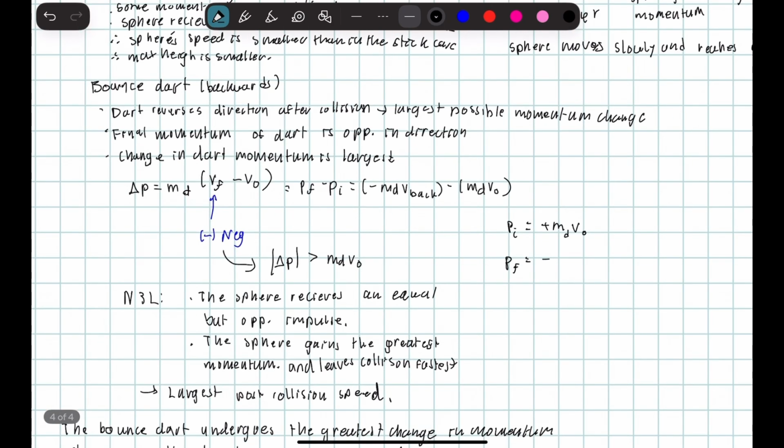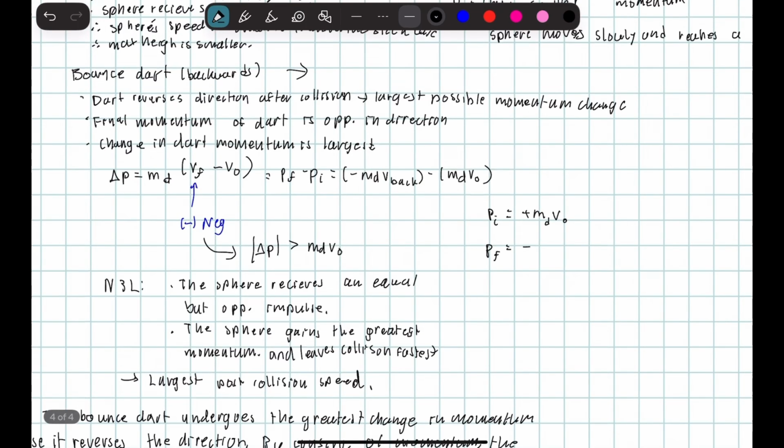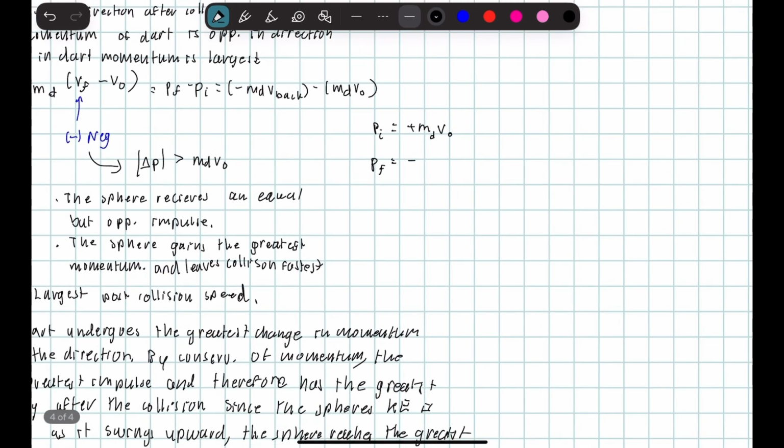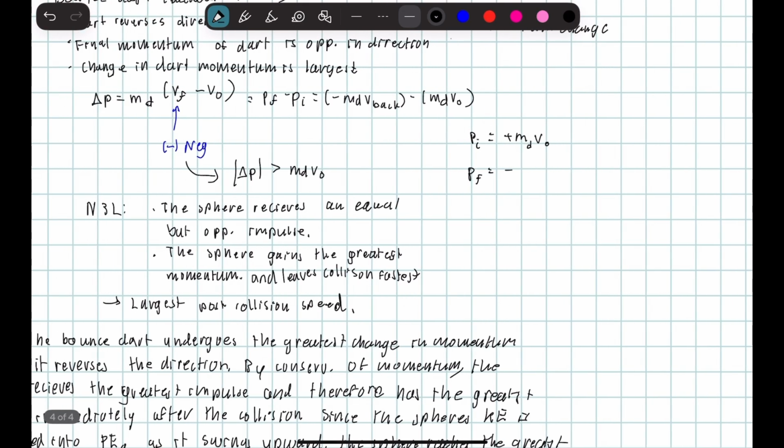And then for the bounce dart, what happens is it comes in moving right, hits the sphere, and the dart bounces back to the left. So the initial momentum again is m_d v initial, and the final is negative. The change in momentum is delta P equals m_d (v final minus v initial), or P final minus P initial.